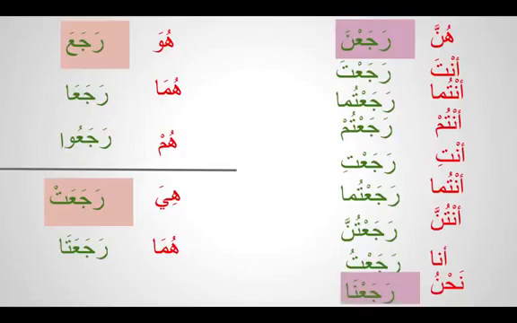Raja'a means return. So he returned, they both returned, all of them returned, she returned, all of the women returned, you both returned, all of you returned, and so on and so forth.